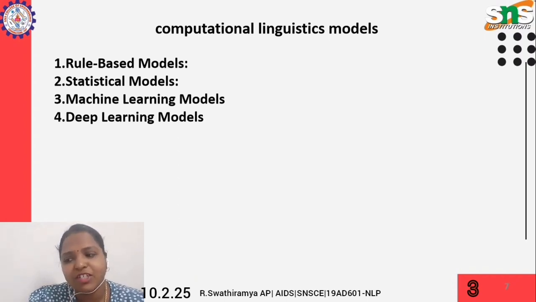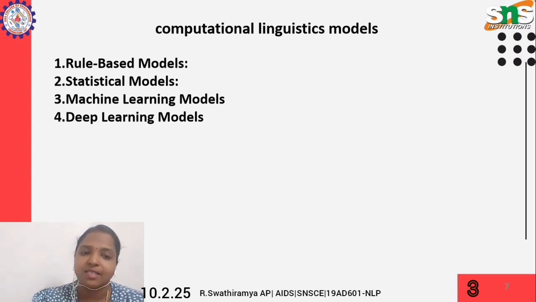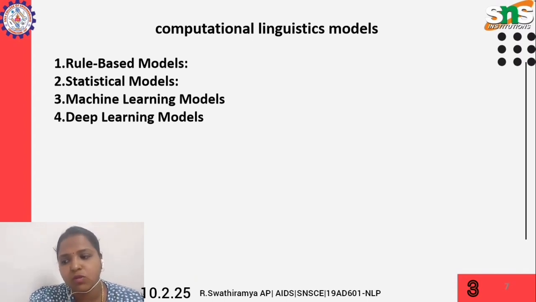Third, the machine learning models. Machine learning models include techniques like supervised learning, unsupervised learning, and reinforcement learning that are applied in NLP. These models can automatically learn the patterns and relationships from the data, allowing them to generalize to new unseen examples.